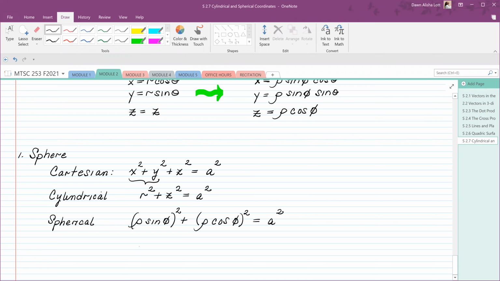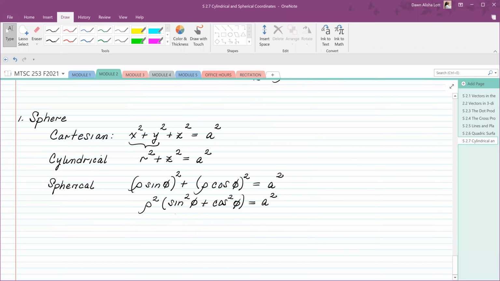So this gives me rho squared times sine squared of phi plus cosine squared of phi, and that equals a squared. So this says that rho squared is equal to a squared, so rho is equal to a.